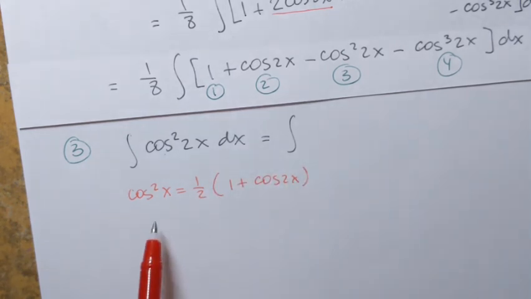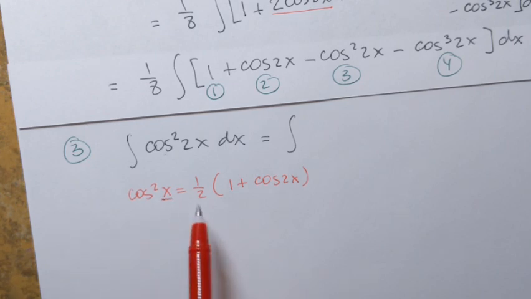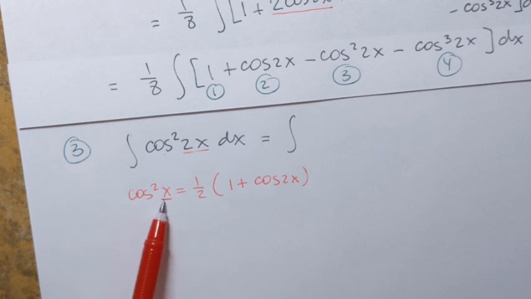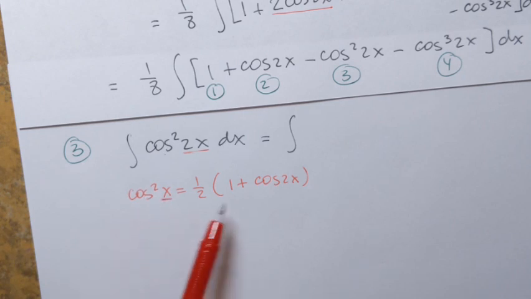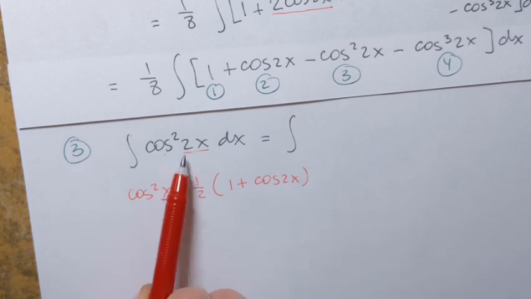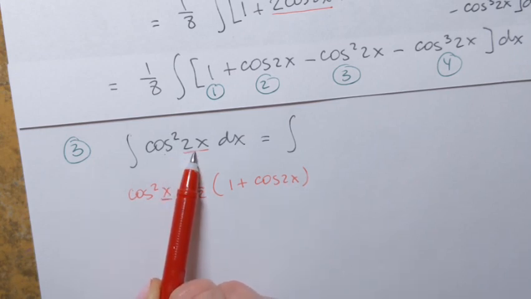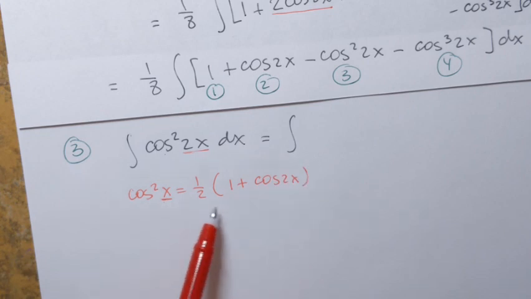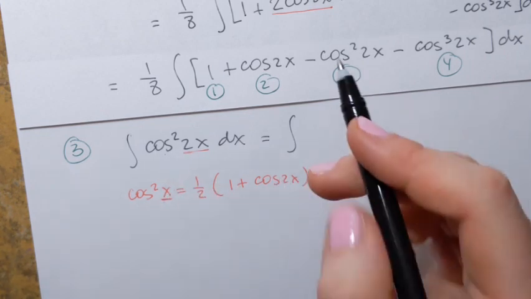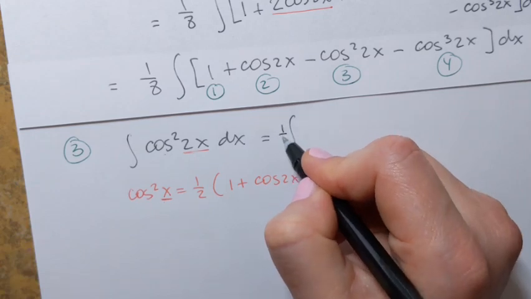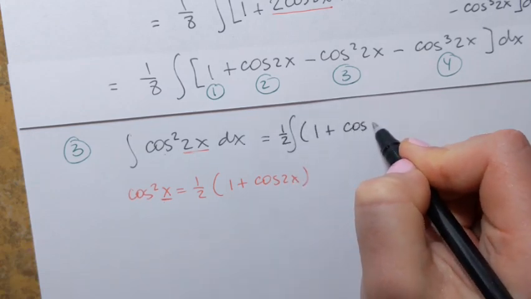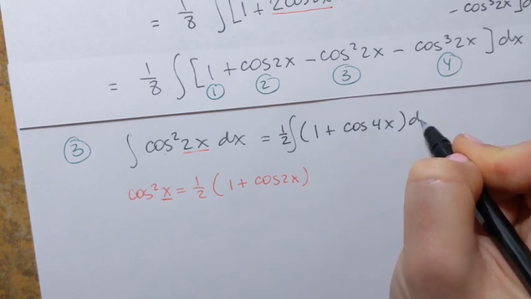But notice that this identity is defined in terms of x, and we have 2x, right? So we have to be careful. If on the left hand side it's x, and on the right hand side it's twice that, 2x, then if my cosine squared has 2x, what I replace it with will have double of that, so it's going to have 4x. So that's 1/2, I'm going to put 1/2 in the front, of 1 plus cosine of 4x dx.